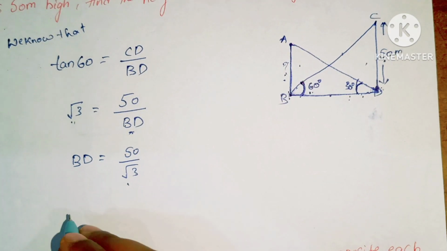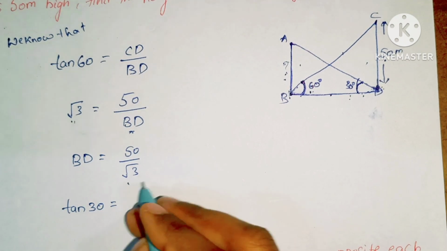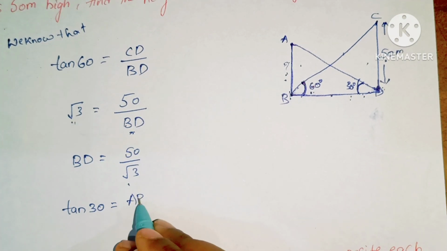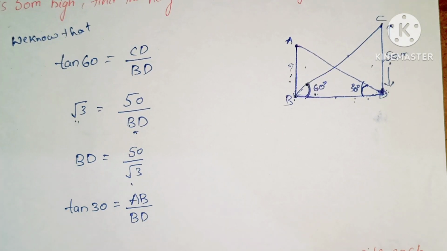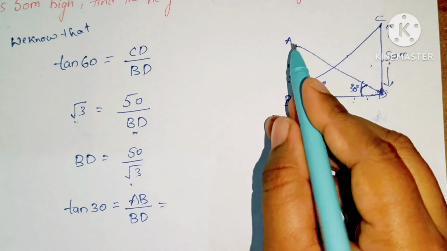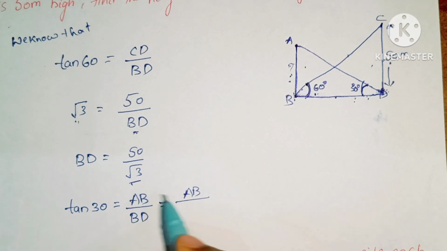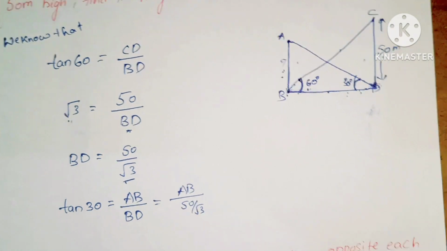Then again what you have to write? Tan 30 equal to opposite side, AB, by adjacent side, BD. Okay. So AB how much? We don't know. By BD how much? 50 by root 3.